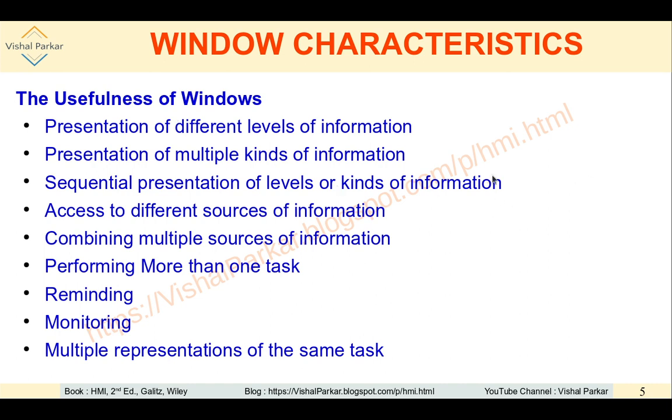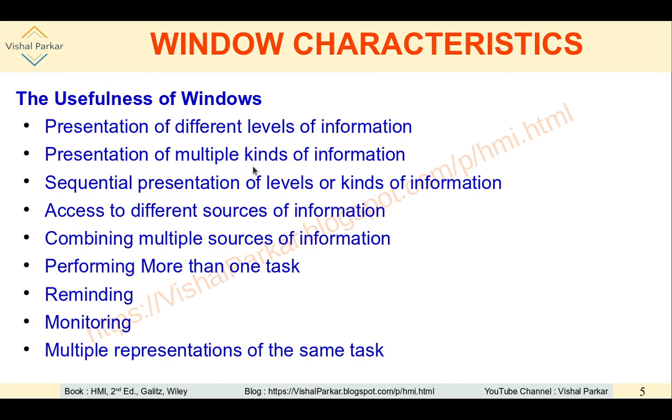If you click on one item in that particular table, the corresponding part of that document may be opened in some adjoining window. So you can see at the same time the bird's view of that document as well as one particular part. So different levels of information.